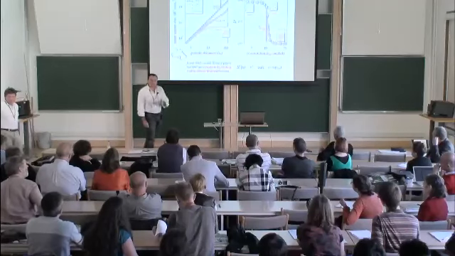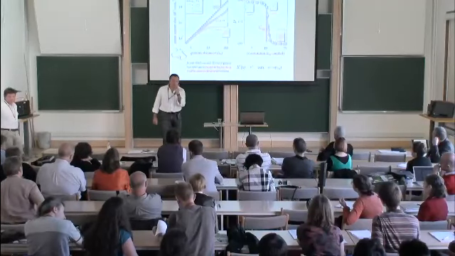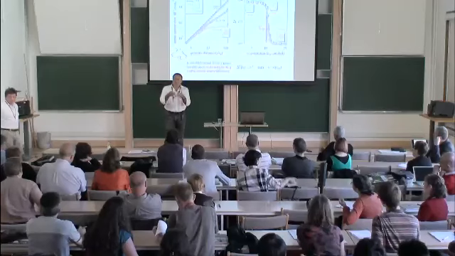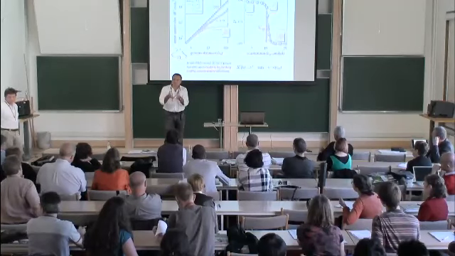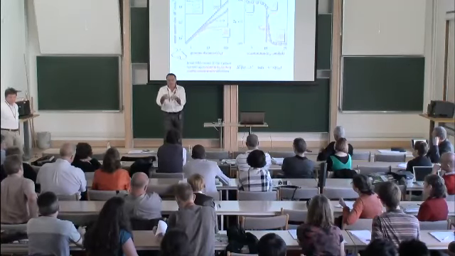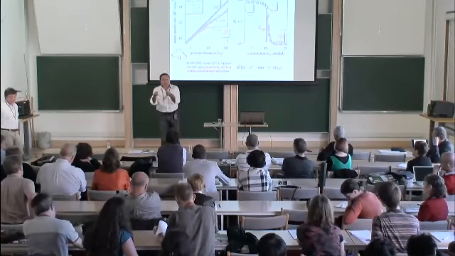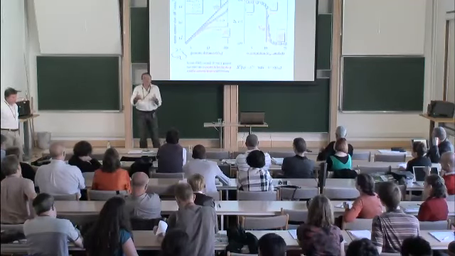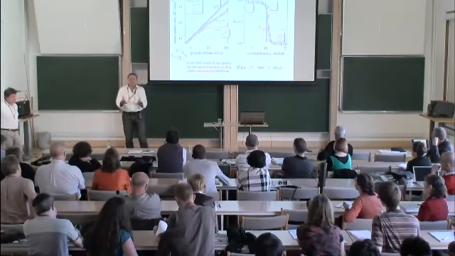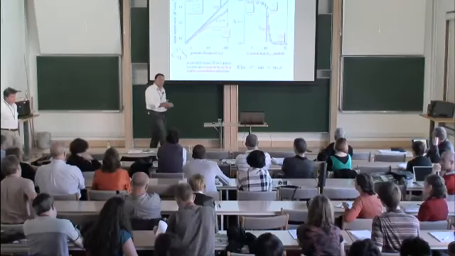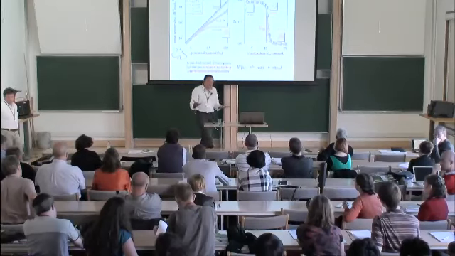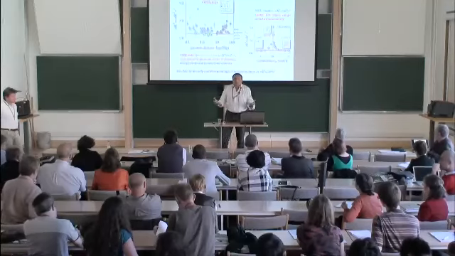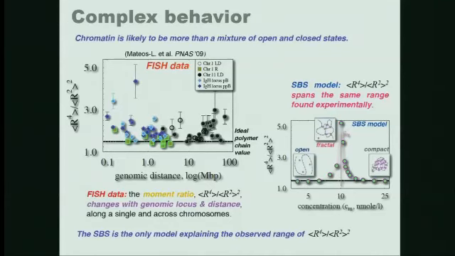It's not just the fraction of open, compact, and theta point fractal states which matter. It's also other local details which are going to define exactly what your average exponent is. This is only a toy model to show how this is in fact the case. And for instance, with the moment ratio data, you can clearly see that those three states are likely to be found in reality.